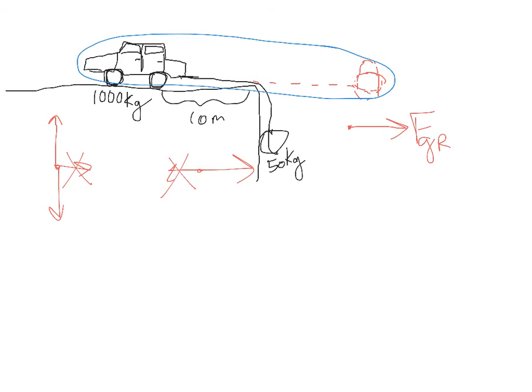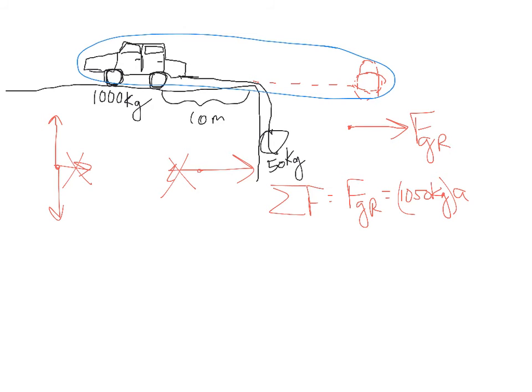So let's think about that summation. The sum of forces, F_GR, equals the mass of the whole system times A. Do we know what F_GR is?